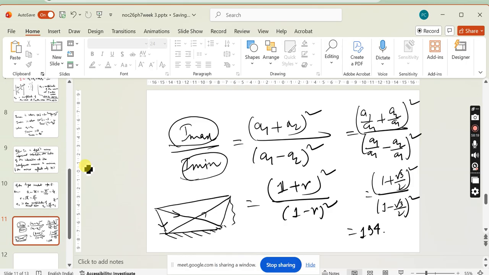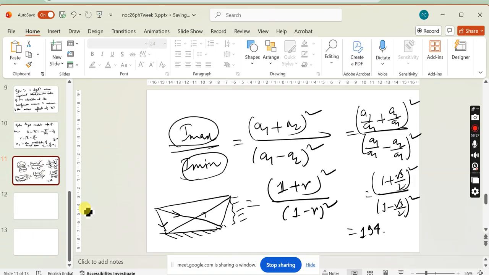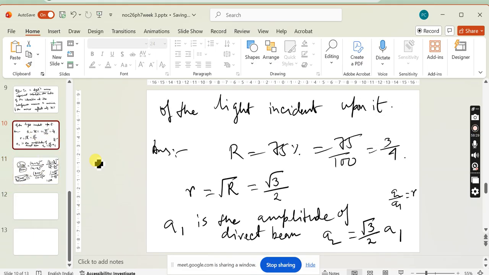And in this area we get the interference fringe. You need to get this idea, because otherwise you will not get the relation between A1 and A2.